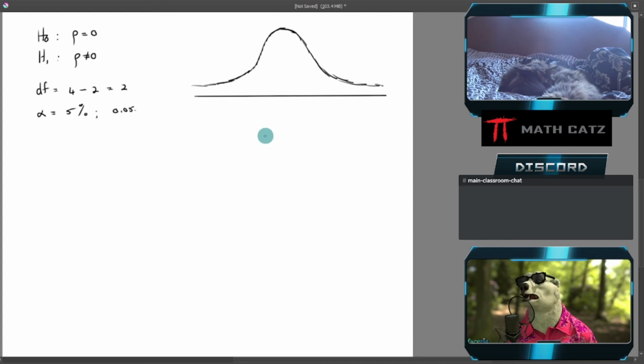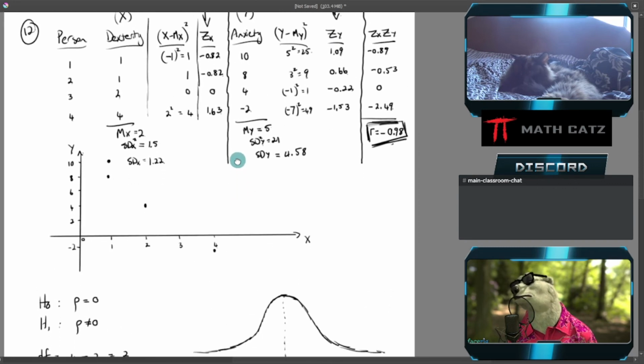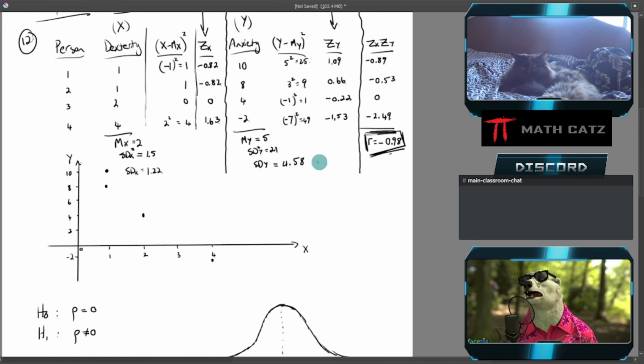Okay, so excuse me. Under the null hypothesis, the true correlation coefficient is 0. We then take a sample of 4 people and get a correlation between these variables. We want to see, is that too extreme, or is that something that I would get normally?